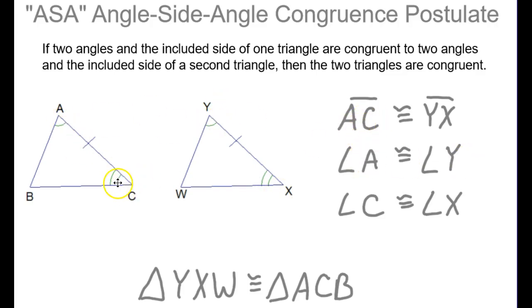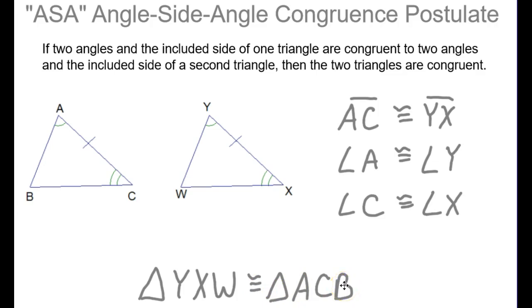We know angle C and angle X are congruent. And side AC and side YX are congruent to each other. According to this postulate, if we have those 3 pieces of information, then we can determine that these 2 triangles are congruent. Triangle YXW is congruent to triangle ACB.